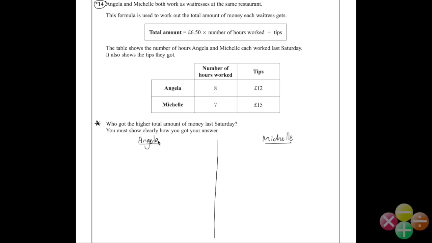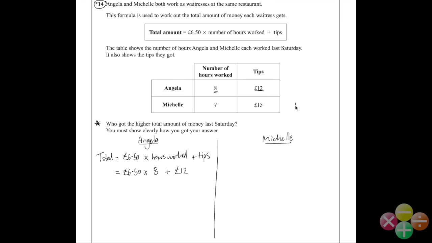Now, looking at Angela first, if we take our formula, the total is £6.50 times hours worked plus tips. For Angela, we've got £6.50. Now she worked 8 hours, and we can add on to that £12 tips.